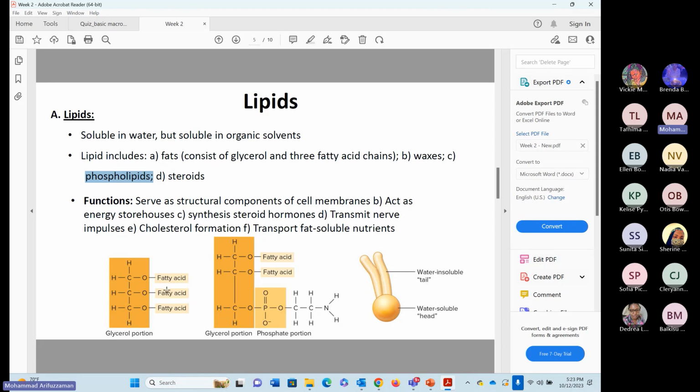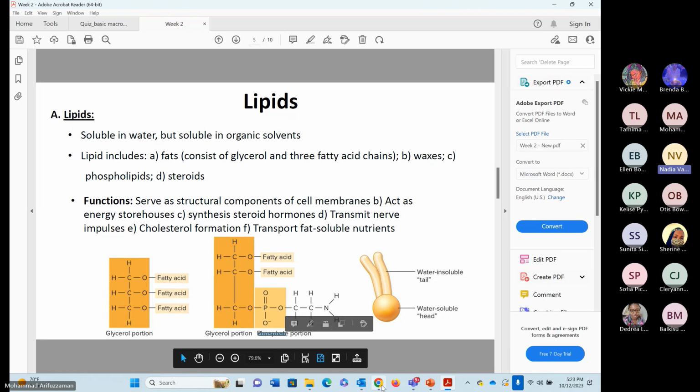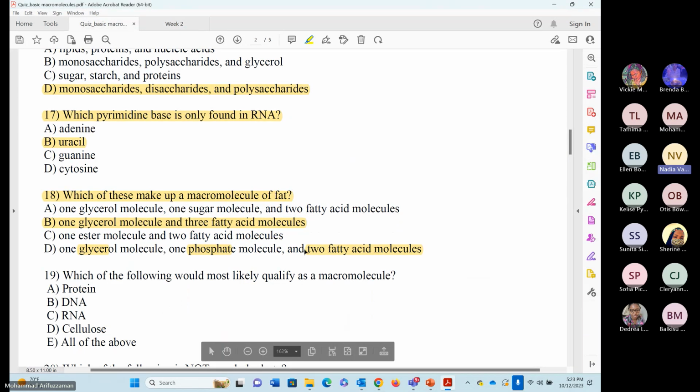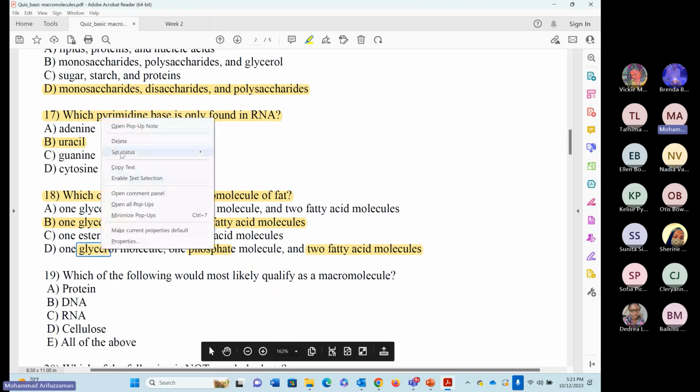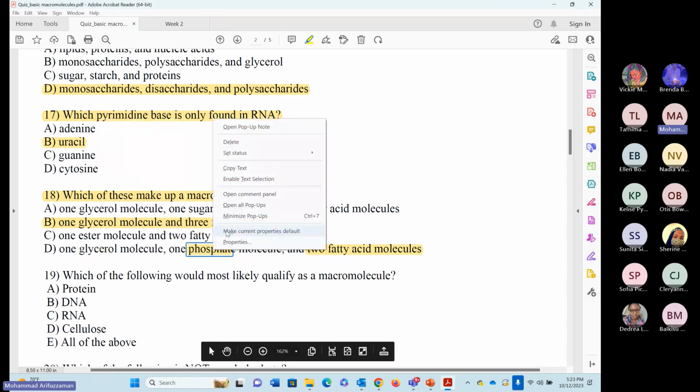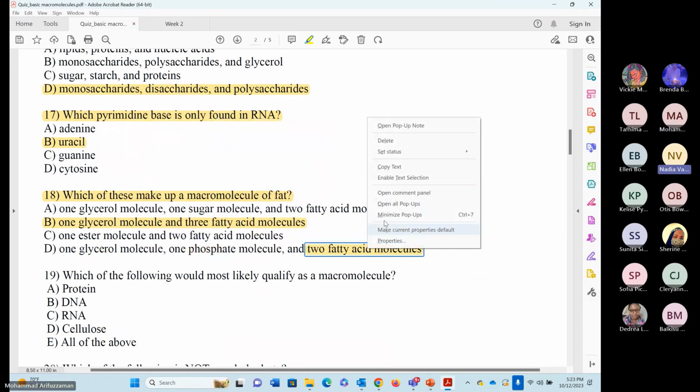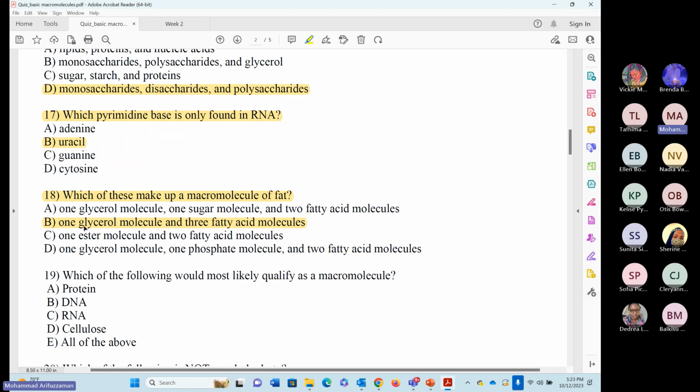The fat has 3 fatty acids and the phospholipid has 2 fatty acids. And in addition, phospholipid has a phosphate group. You can see this is the phosphate group. So this is your phospholipid. Okay. But the correct answer is 1 glycerol molecule and 3 fatty acids.